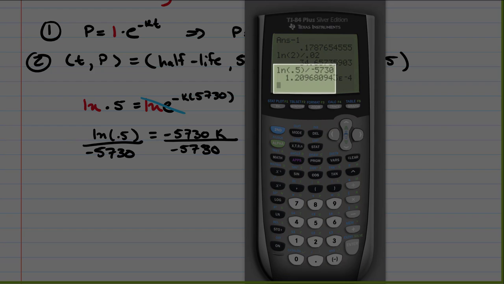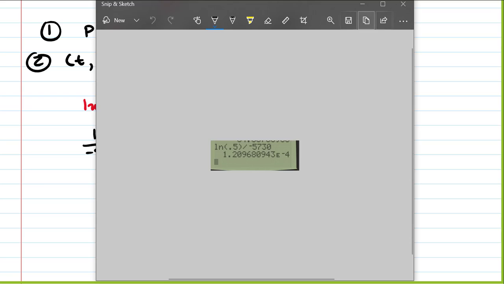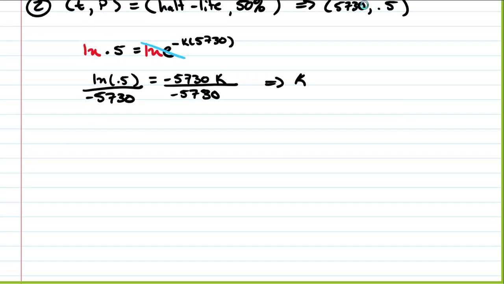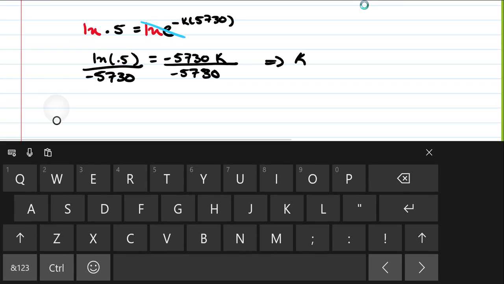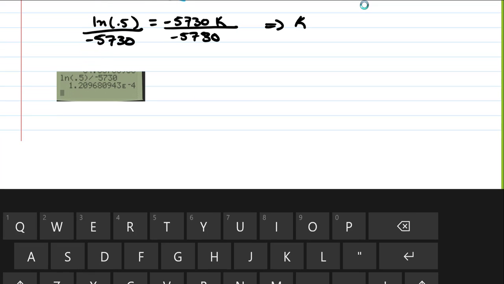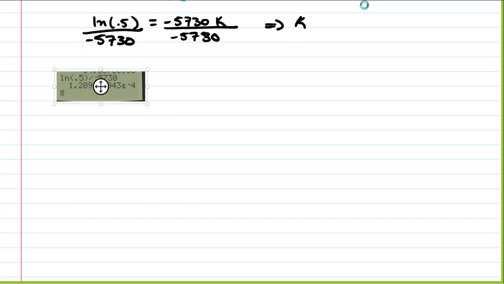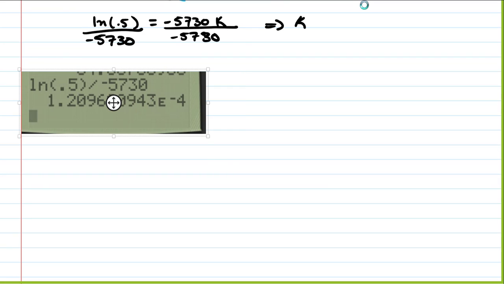So a couple of things we have to be careful with, and this is not uncommon when we're working with radioactive decay problems. If we're asked for the decay rate, we need to be a little bit careful. Because on our calculator, it gives us a decimal, but then it gives us this e to the negative 4 stuff. That e to the negative 4 tells us that the number is in scientific notation.